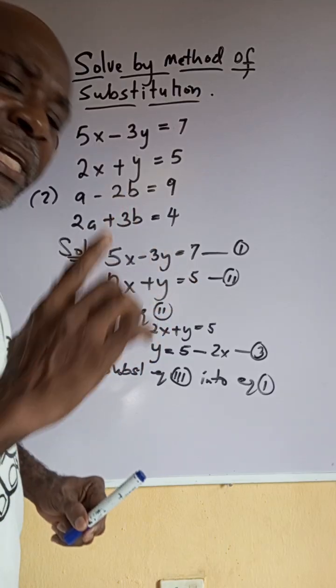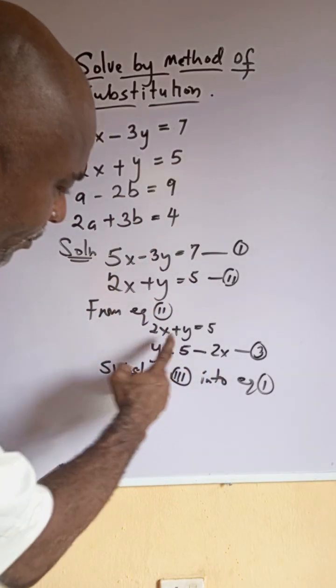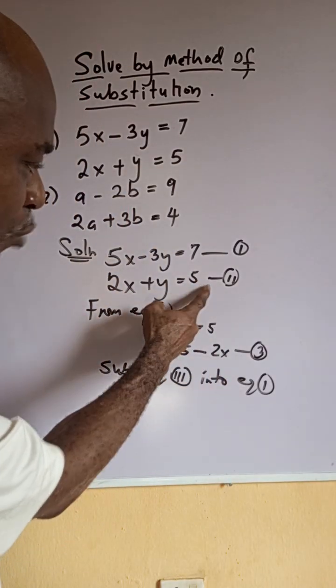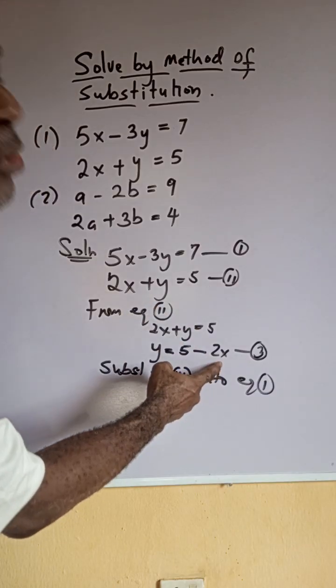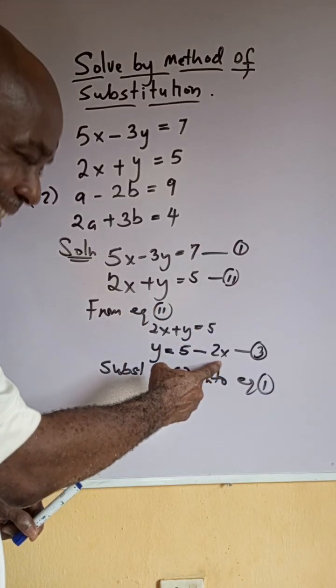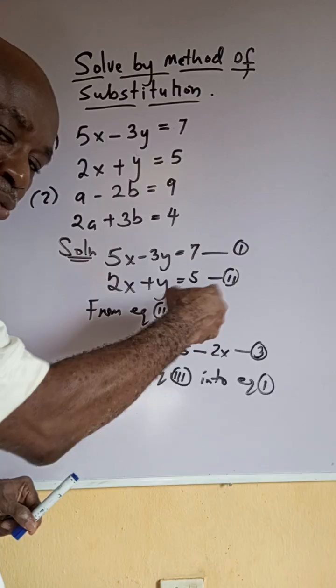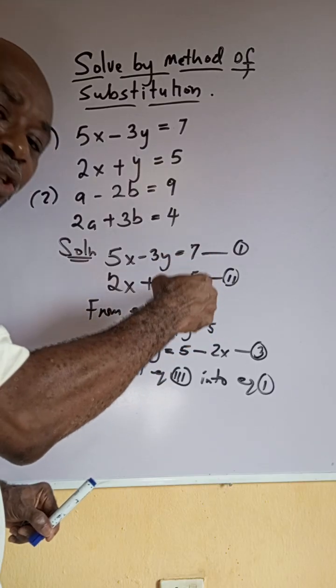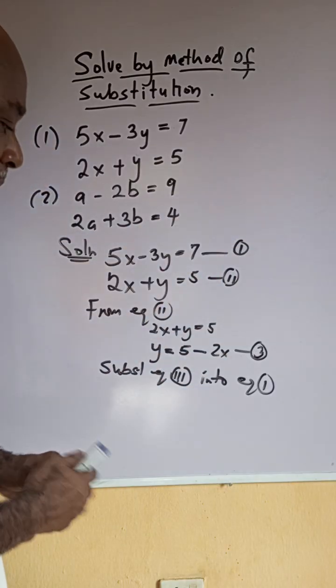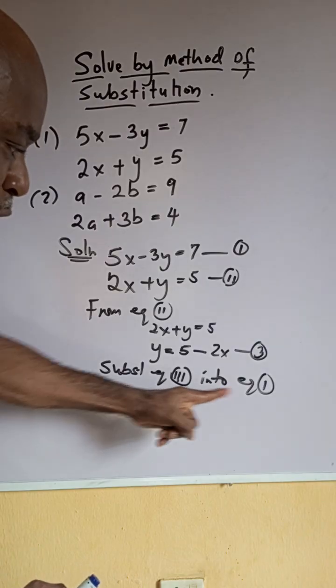Remember, we generated the third equation from equation 2, so you are not going to substitute it back into the same equation 2. Rather, you are going to substitute it into equation 1.